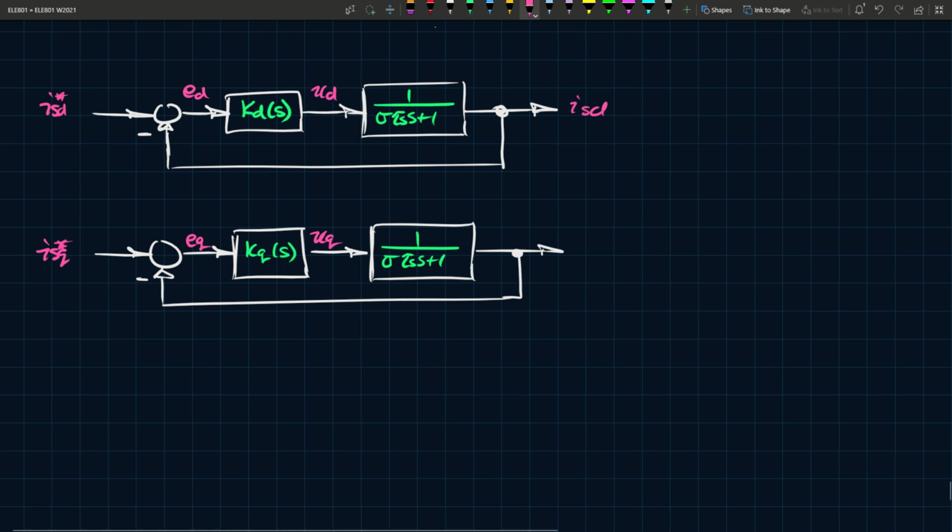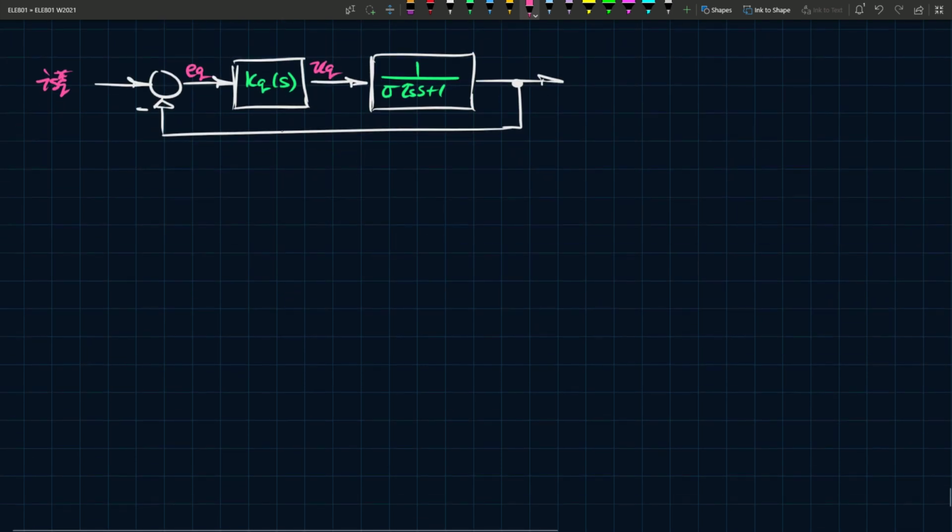Now, in a case like this, because we applied the DQ frame transformation, we can let these two compensators, KD and KQ, be PI compensators, because we're basically tracking a DC reference, since our frame is at the same speed as whatever phasors we're trying to track.